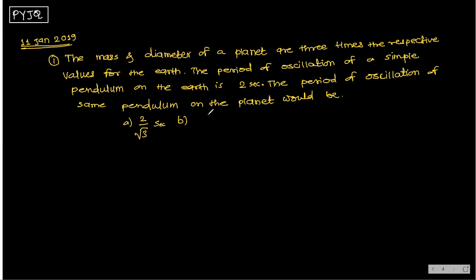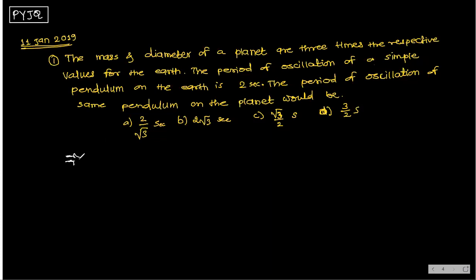Next, 2 root 3 second. Option number C, root 3 by 2 second, and option number D, 3 by 2 seconds. How many of you can do this? Tell me.